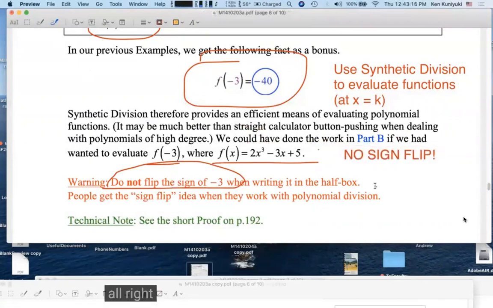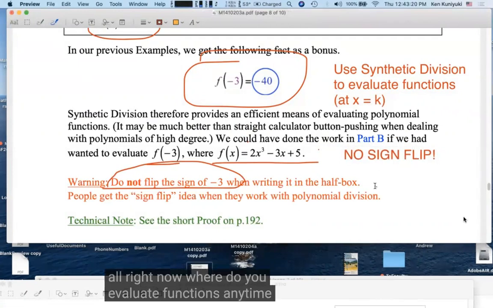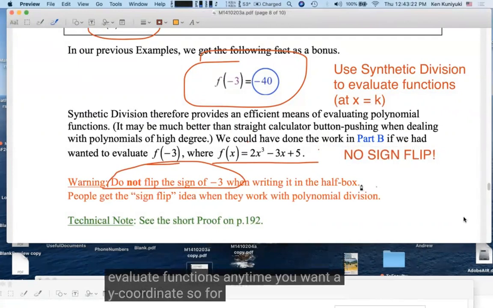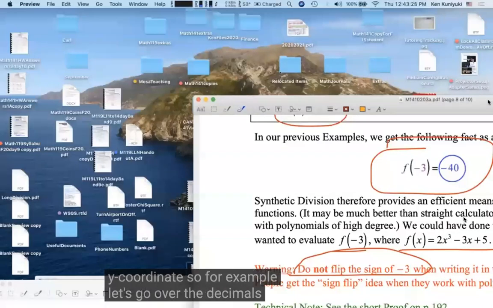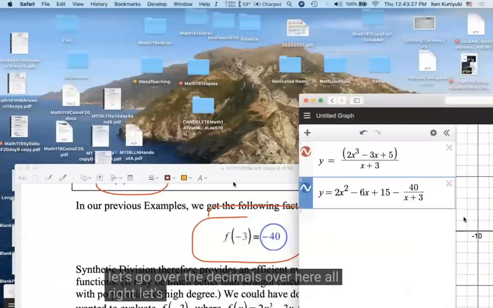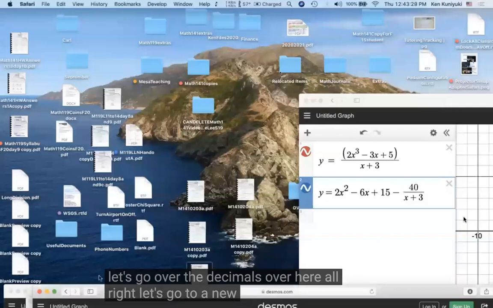All right. Now, where do you evaluate functions? Anytime you want a y coordinate. So for example, let's go over to Desmos, to a new screen.